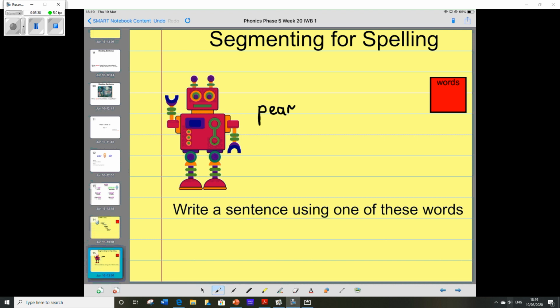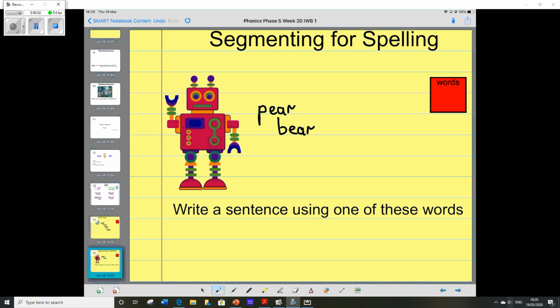Your second word is bear. So use those arms. Let's segment it. Bear. And now have a go at writing it. It is bear. Your third word is where.